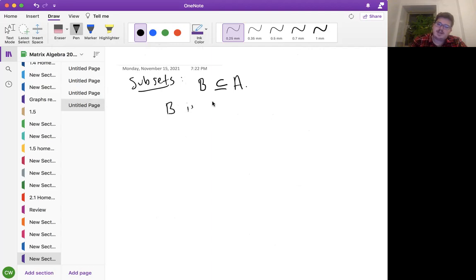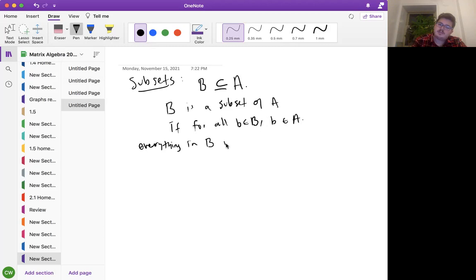So B is a subset of A if for all b in B, b is also in A. So every element that is in B must also be in A. Every thing in B must also be in A. This is just the symbol for subset. So that symbol just means subset of.